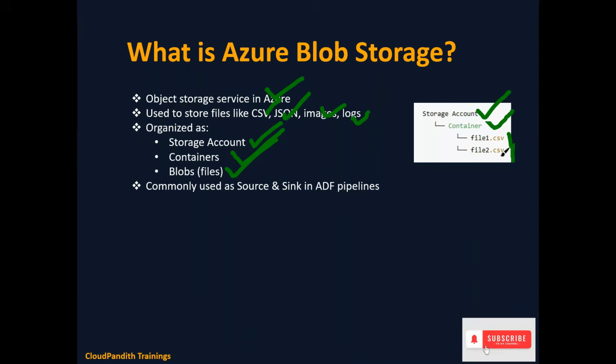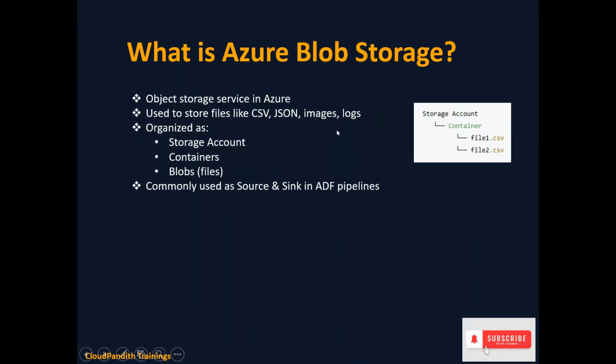The files which are stored in blob storage are called blobs. In Azure Data Factory projects, blob storage is commonly used as both a source and a sink. You can think of Azure Blob Storage as a folder system available in cloud storage.